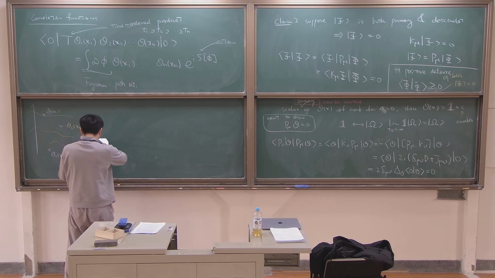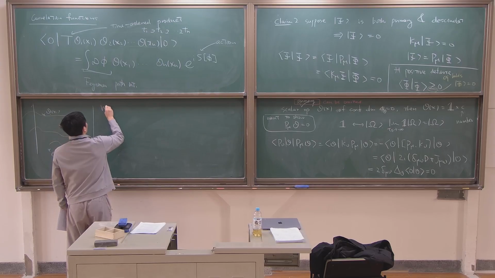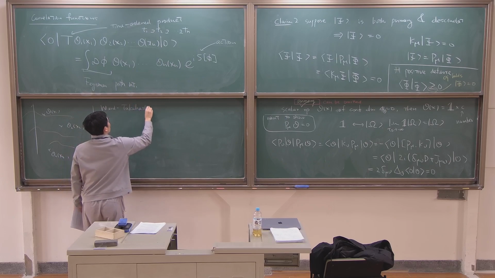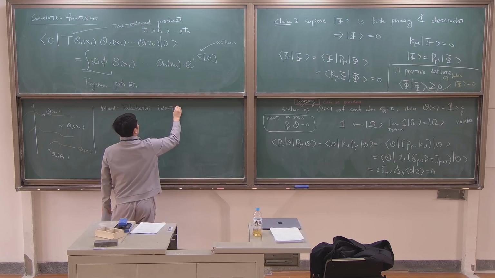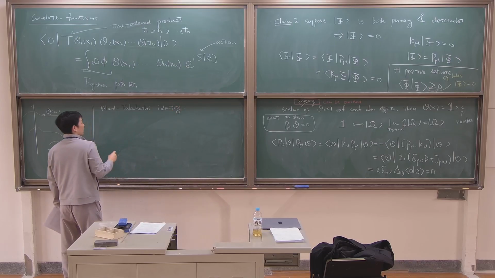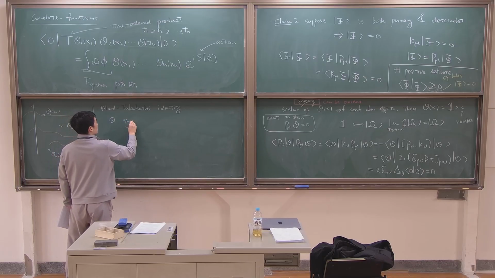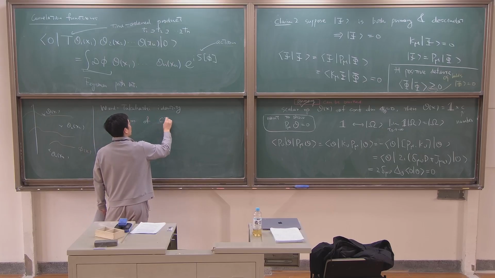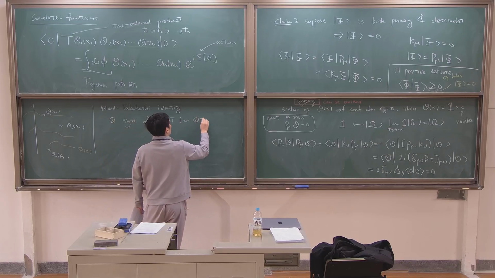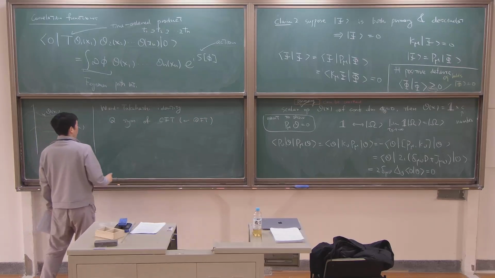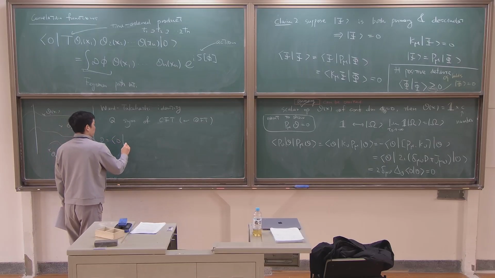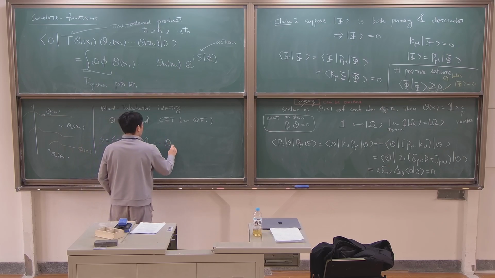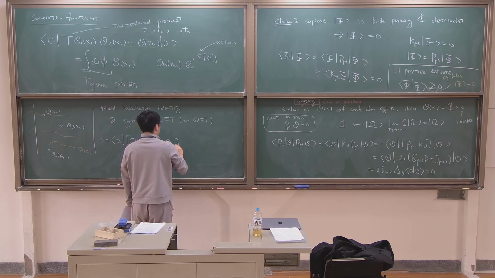Let's consider the Ward identity. We know that if Q is a symmetry of whatever system, QFT or CFT, then the vacuum is invariant under Q. This is a schematic way of writing it.